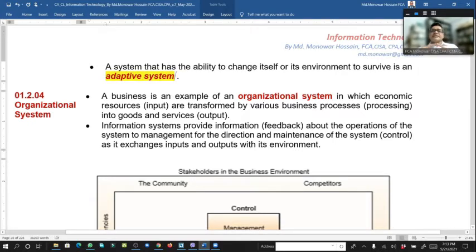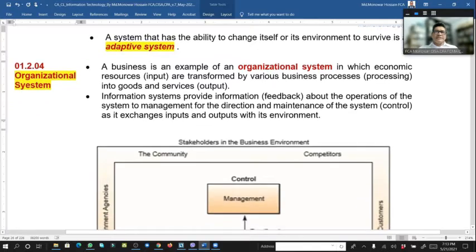The system that has its own ability to change itself or its environment to survive as an adaptive system. So an adaptive system means it needs adaptation also. An adaptive system is a system that can be changed for survival. The system itself can change within this environment.